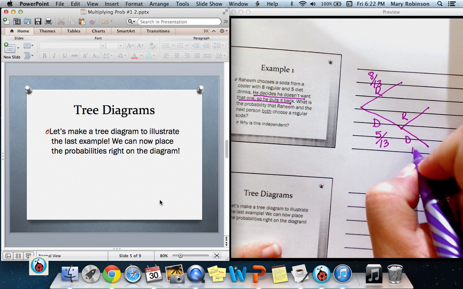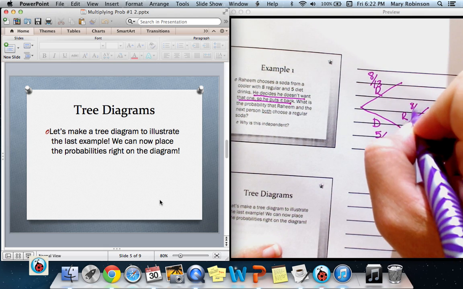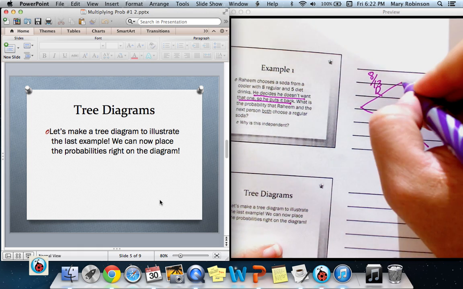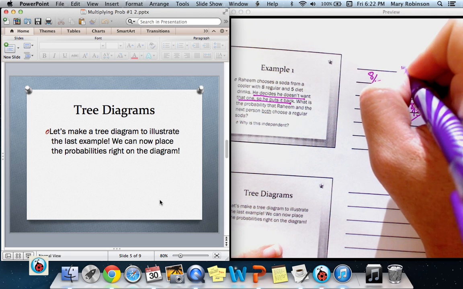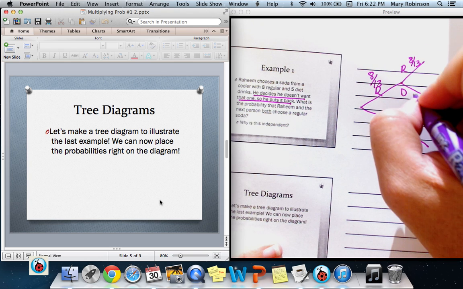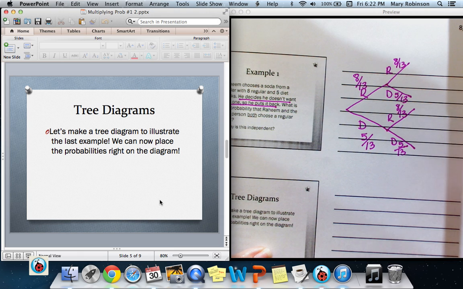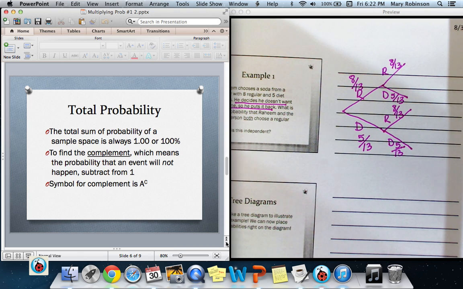There are still 13 sodas in the cooler, 5 of which are still diet and 8 still regular. Remember, this second branch represents the second time he pulls out a drink. So see how we can put the probabilities right there on the diagram.